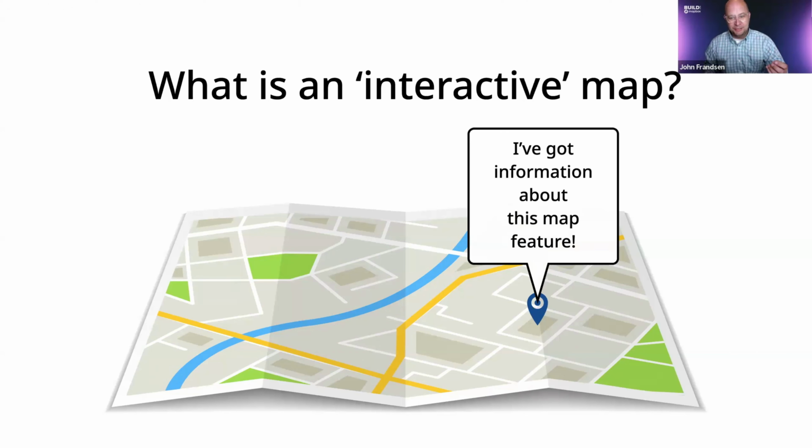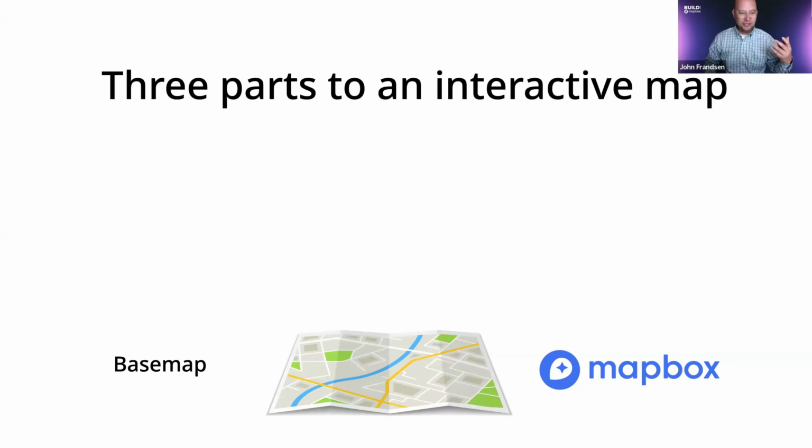There are three parts to an interactive map. Let's start with a base map, and that's a lot of the conversation, what we're talking about is the many capabilities of Mapbox, the deep customization possibilities and data integration possibilities with Mapbox.